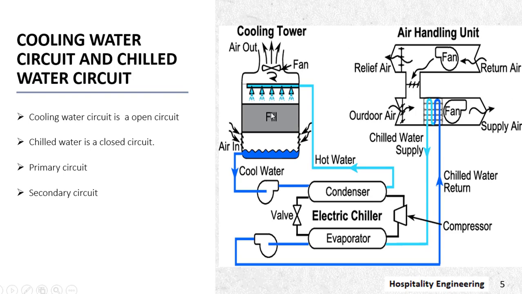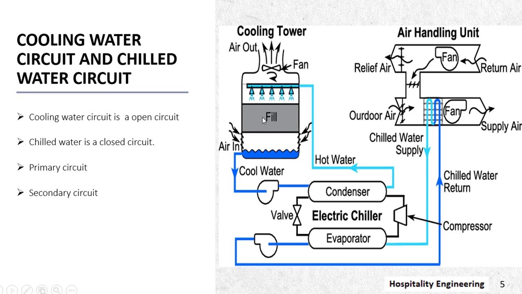While the water sprays downward in the cooling tower, air starts to flow from bottom to top because the fan is arranged at the top. While this fan rotates, it pulls the air. So the ambient air comes and passes towards the nozzle.